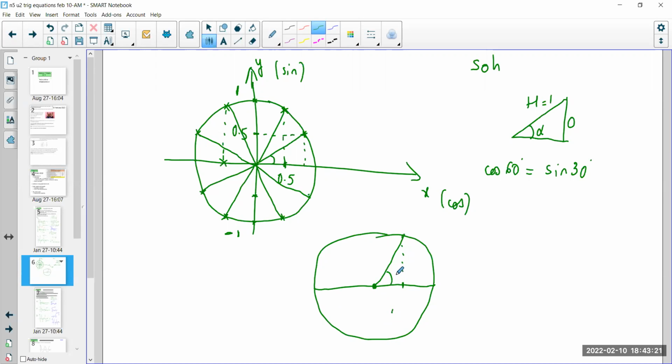Okay, so that angle of 60 here shows me that cos 60 is equal to 0.5. That's where it's coming from.